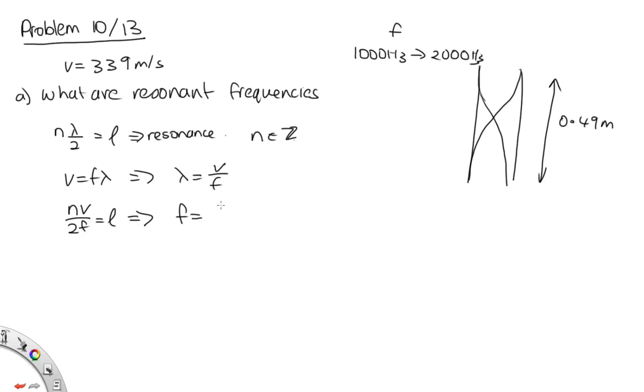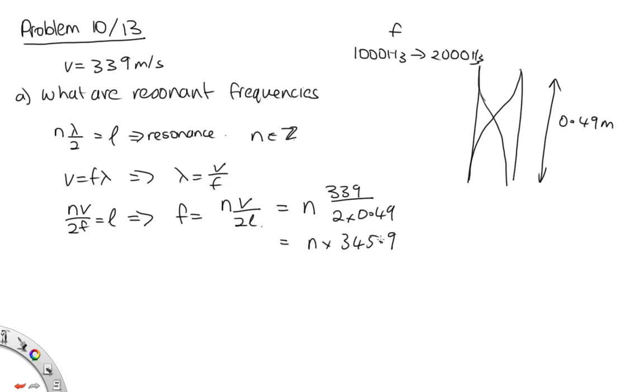So frequency is equal to nv over 2L, or that's n, any integer, times 339 over 2 times 0.49. Solving that on the calculator, we end up with n times 345.9 will give us the resonant frequencies.